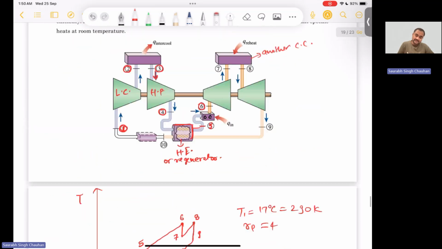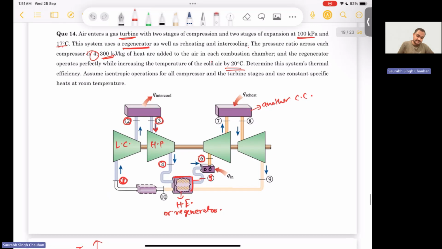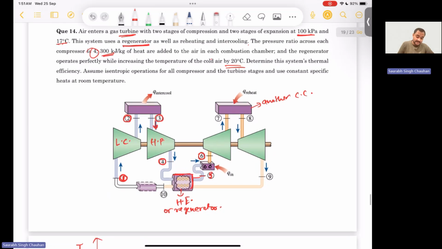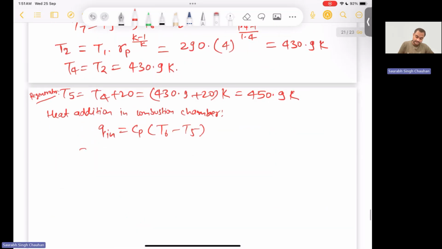It is given that heat addition in each combustion chamber is 300 kilojoule per kg, so Q in each stage is 300 kilojoule per kg per stage. So we have 300 is equal to Cp, which is 1.005, times (T6 minus T5), with T5 being 450.9. I'm not writing the units because everything is in SI units, just keep that in mind.